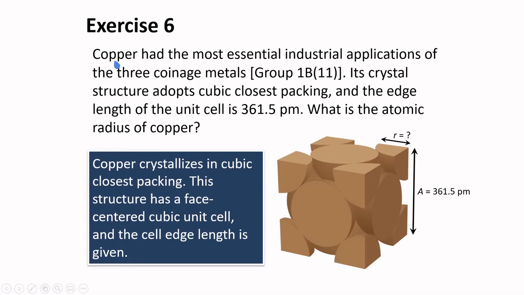Exercise 6. Copper has the most essential industrial application of the 3 coinage metals. Its crystal structure adopts cubic closest packing, and the edge length of the unit cell is 361.5 picometers. What is the atomic radius of copper?